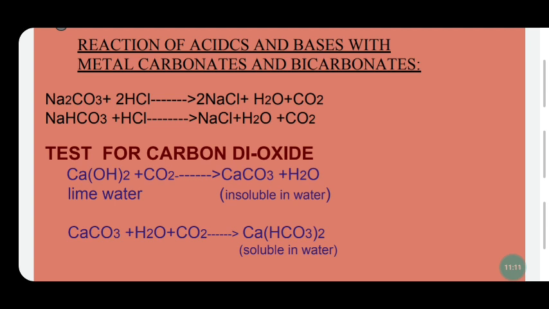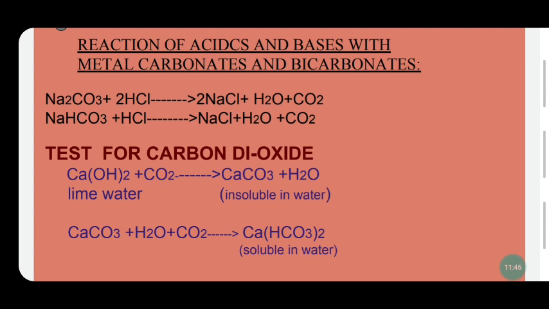Okay, so recollecting the 5 very important chemical reactions. First one, acid plus metal gives metal salt and hydrogen, and please remember the confirmatory test of hydrogen. Second one, acid plus metal oxide gives metal salt and water. The third one, acid plus metal carbonate gives metal salt, carbon dioxide and water.